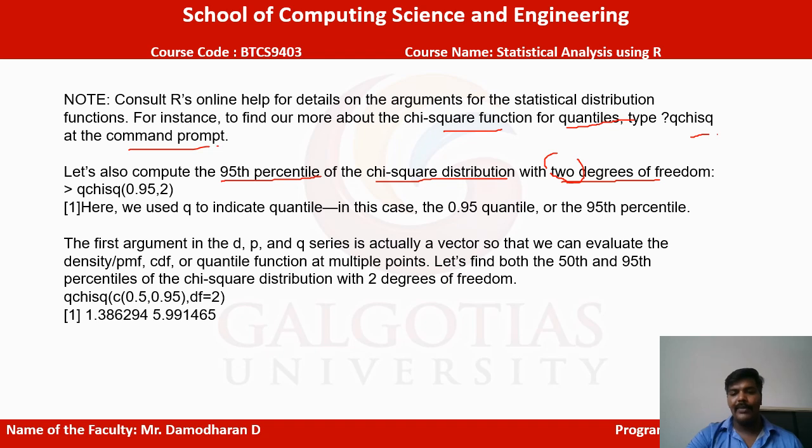From this we will find the 95%. So we will use q chi-square with 0.95, since it is a percentage, so we take the value 0.95 with degrees of freedom 2. Then we will get the output for this case.